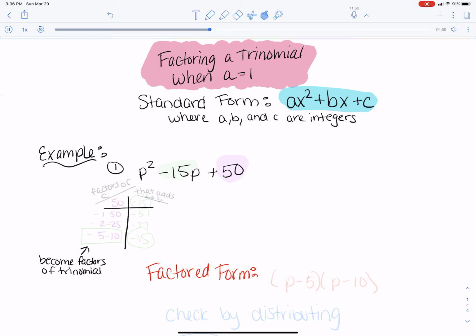Remember, what goes on the left-hand side are our factors of C, and then on the right are that adds to our B. So if we look at our C term, well, the 50 is my C. So we're going to place 50 over here on the left of our table. And then if we look at our B term, well, the B is a negative 15.